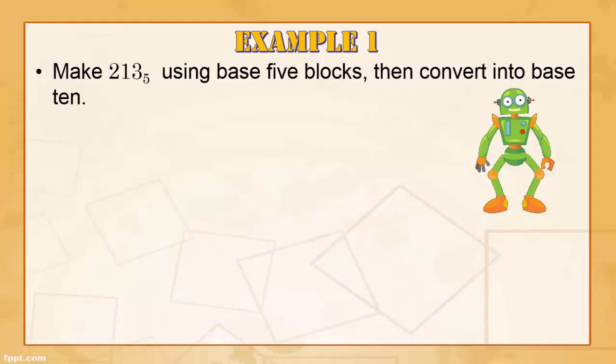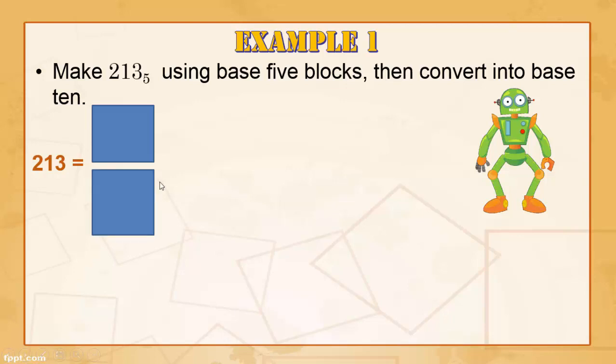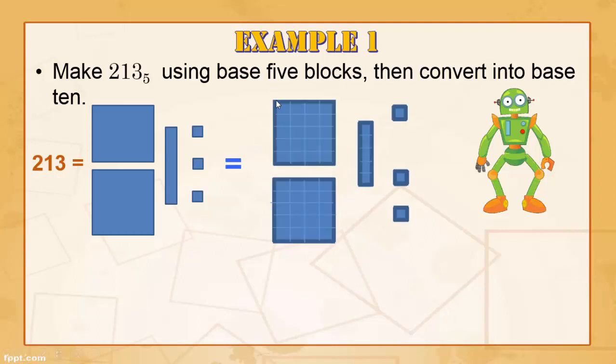To summarize what we just did on the whiteboard and computer program, we represent 213 in base 5 blocks as 2 flats, 1 rod, and 3 units. But what this actually means, because we're using base 5 blocks, is that we have a 5 by 5 flat, which means there's 25 here, 25 here, and then the rod has 5, and then our units.